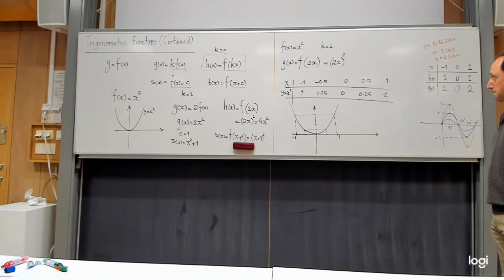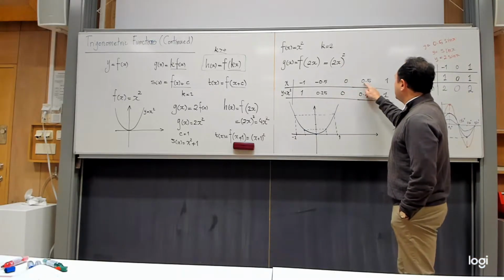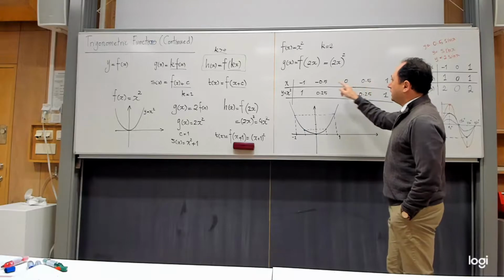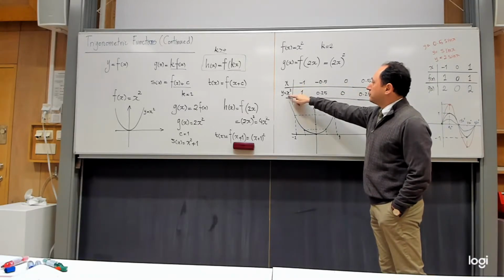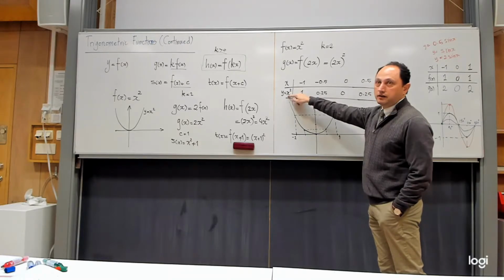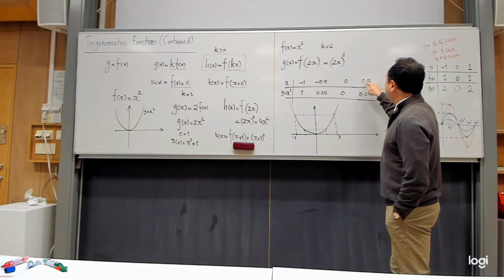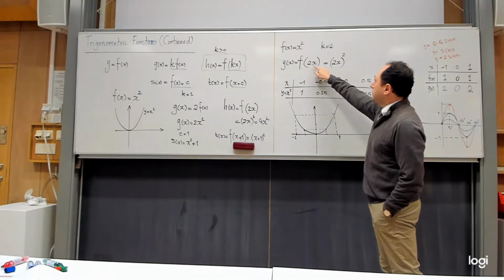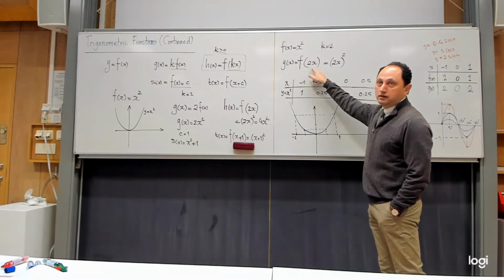You see, here, if I give 0.5 to x, then I have to put the same 0.5 here and draw the graph. But in this case, I give 0.5 to this x, but the value would be f of 1. Yes?